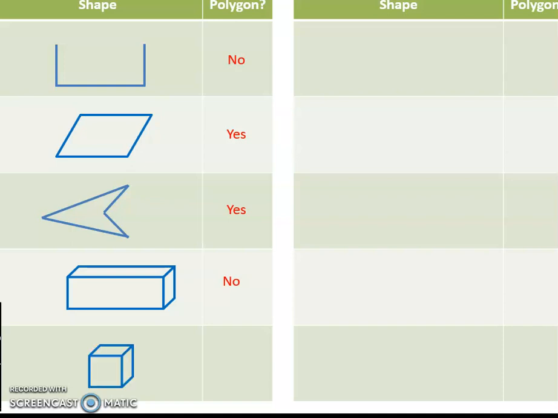So it's a no. This one? Hopefully again, no. If you look at a 3D object, polygons are not 3D objects, although 3D objects can be made of polygons. But if you look at a 2D shape, there are 3 regions on the inside. So here is definitely a 3D shape, so hopefully you said no.